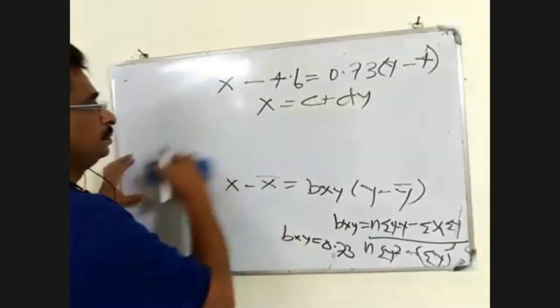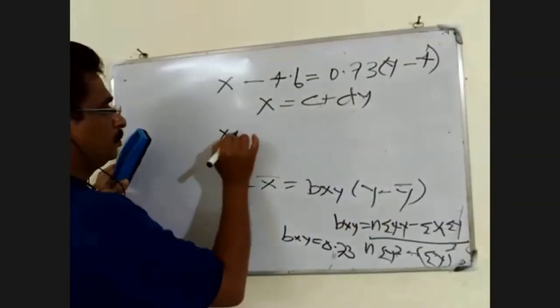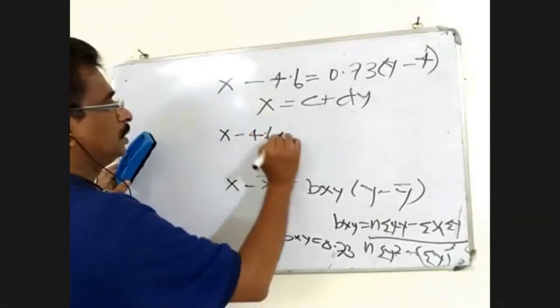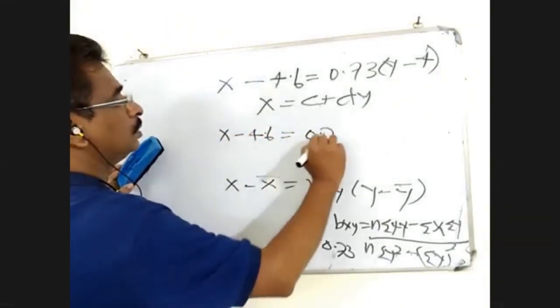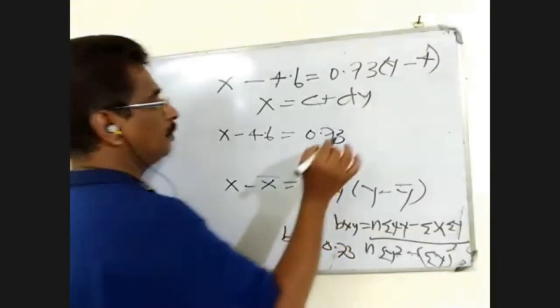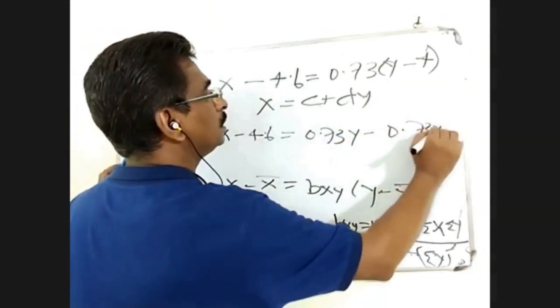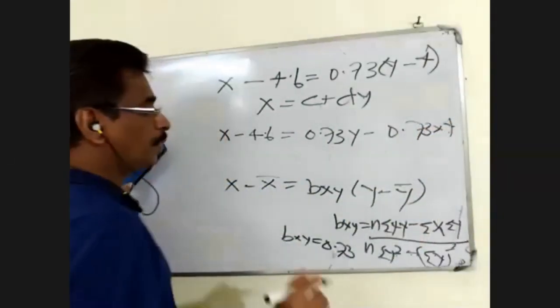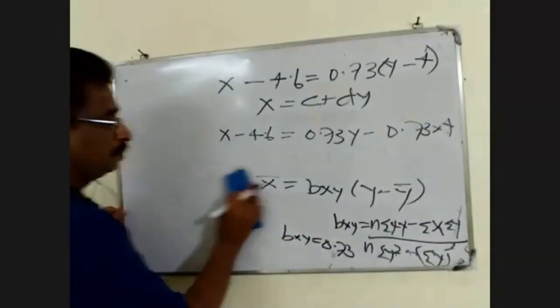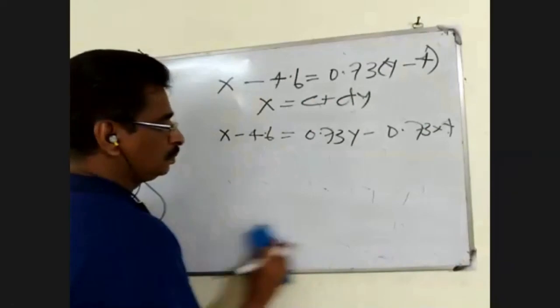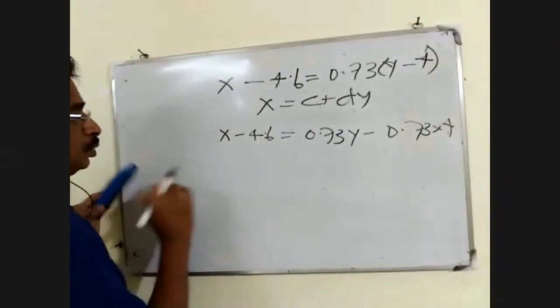X minus 4.6 is equal to 0.73y minus 0.73 into 4. Find out 0.73 into 4. 2.92, about 2.9.